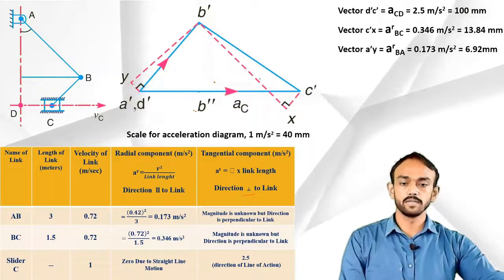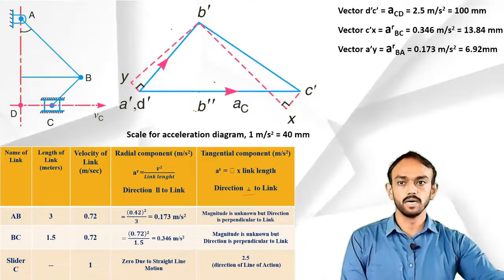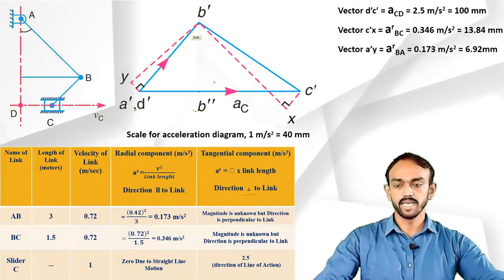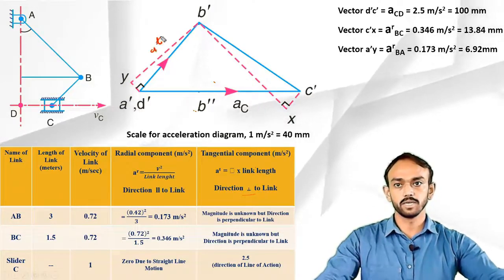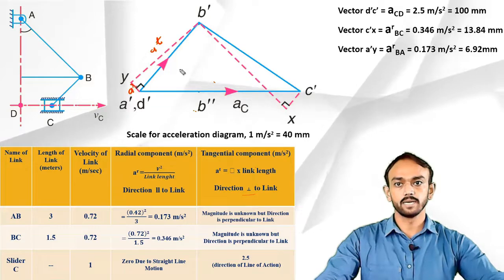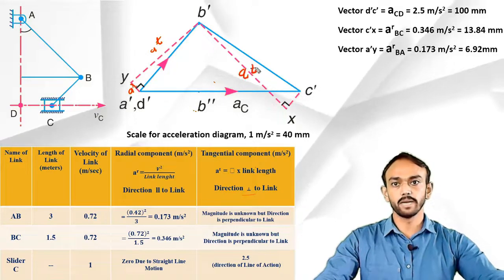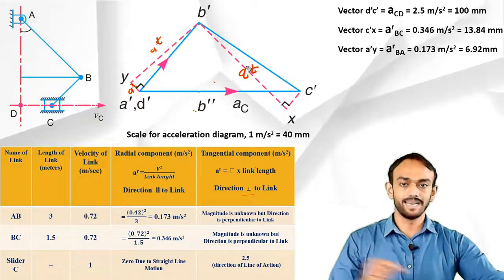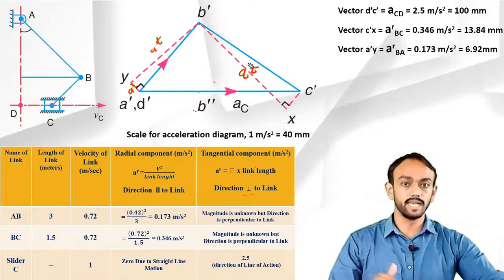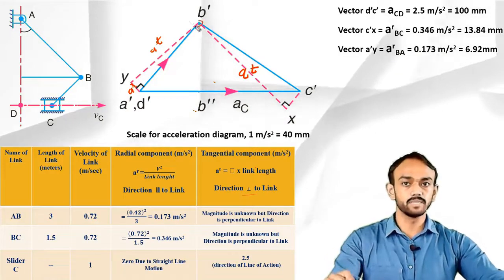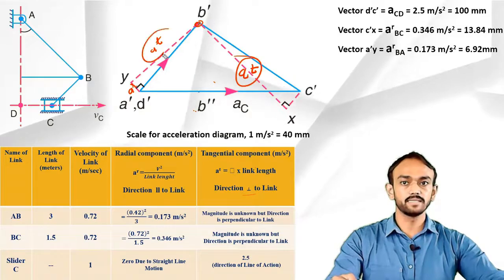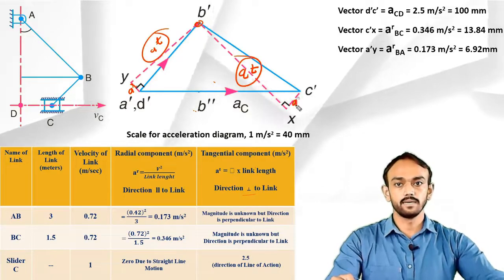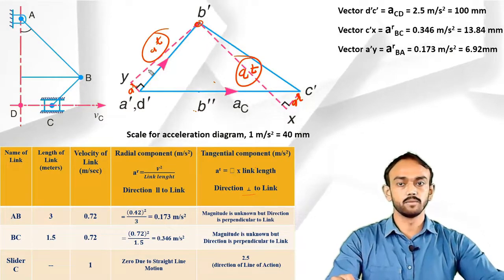So this is the acceleration diagram for this mechanism. You can check here, this will be the tangential component and this will be the radial component. Same here, the tangential component line we have drawn without any length, and then when we get this B point, we will find this tangential, and this will be the radial component.